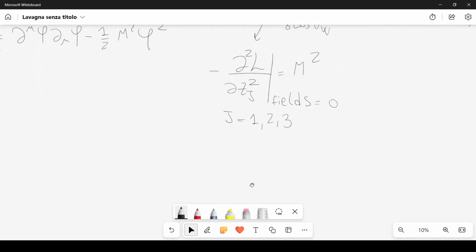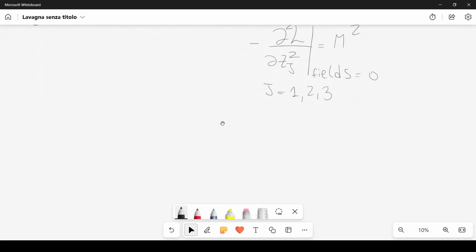This is how we can calculate the mass in general. Now for the W boson, which is a complex scalar field, the 1/2 factor does not appear.